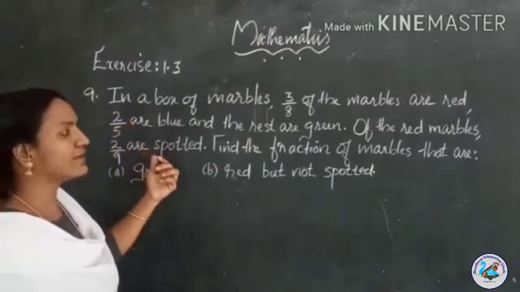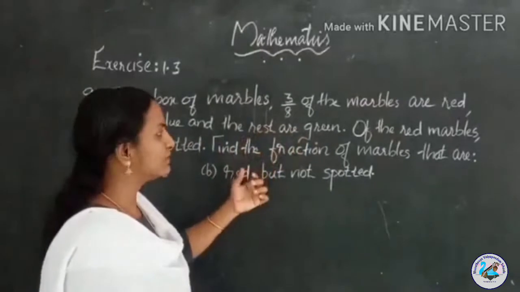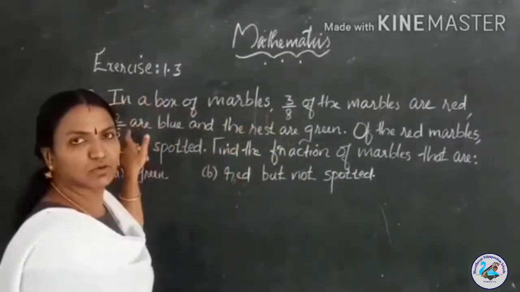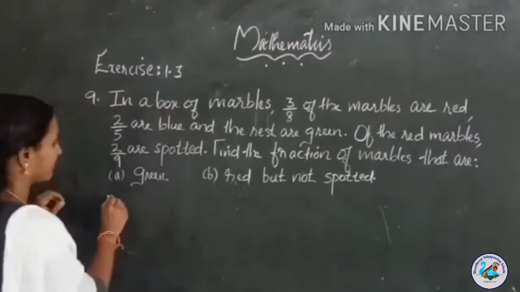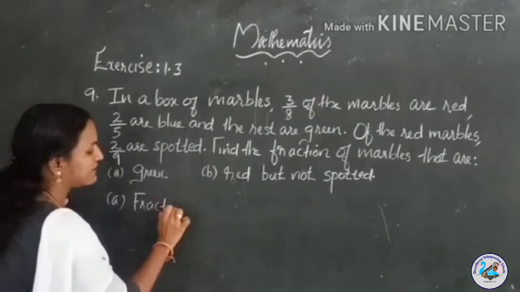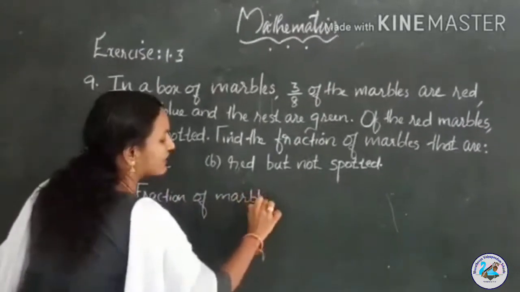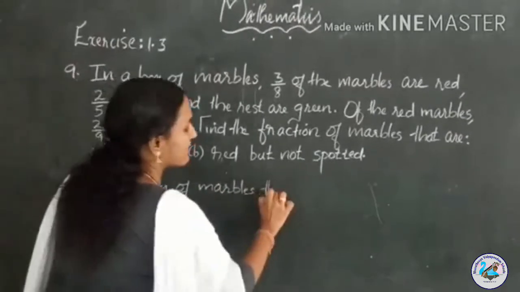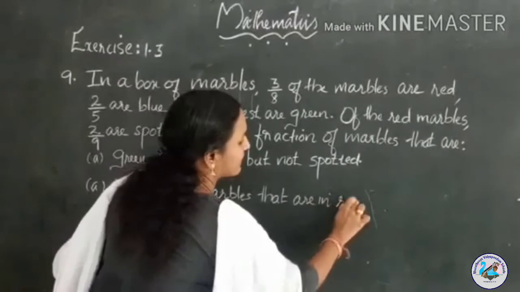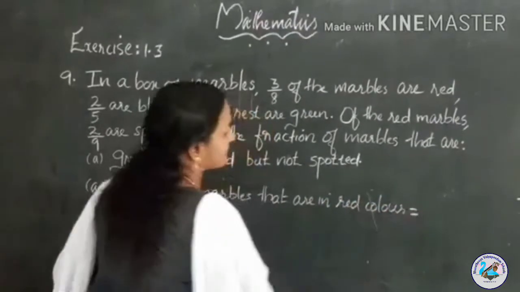We have to find the fraction of marbles that are green, which is equal to 1 minus (3 by 8 plus 2 by 5). Part A. Fraction of marbles that are red is equal to 3 by 8.